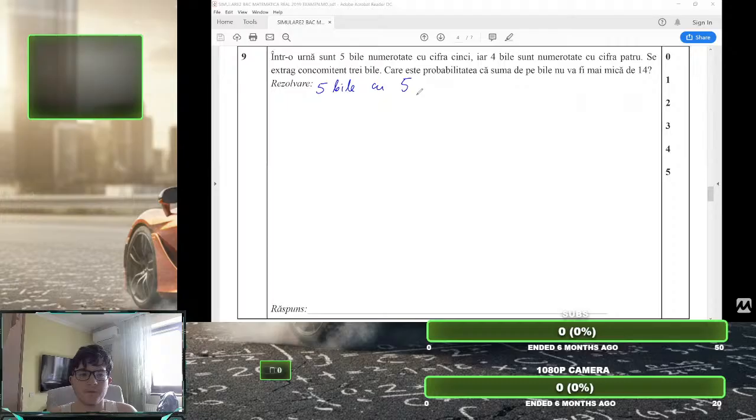So essentially, in a bin, there are 5 balls with 5 digits on them, and 4 balls have a 4 number on them. 3 balls are being extracted, and find the probability that the sum on the balls is not going to be smaller than 14.